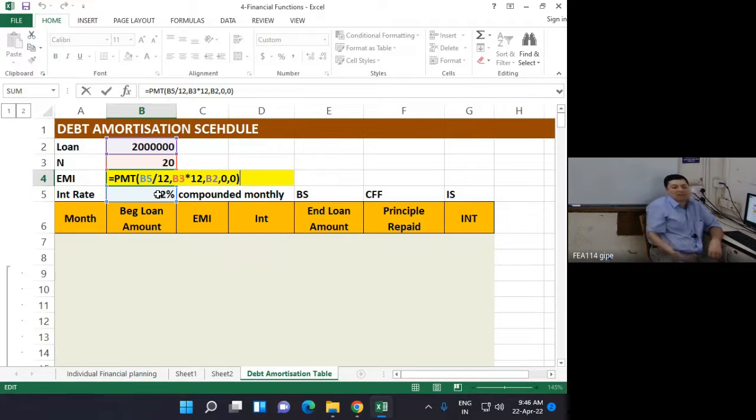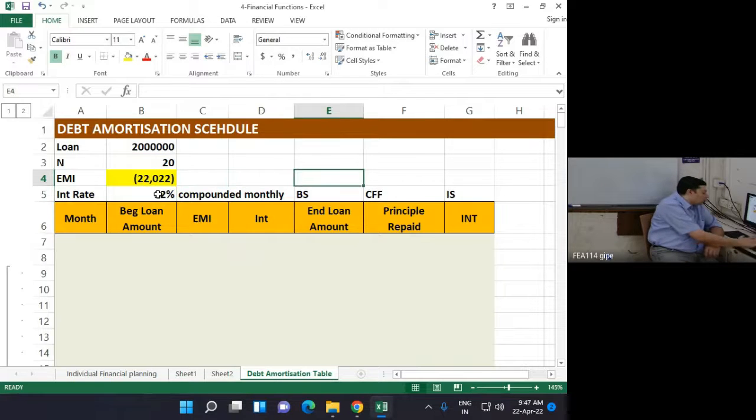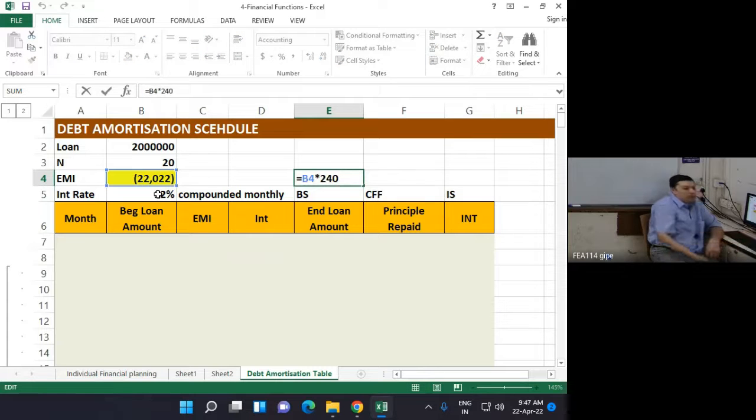Now, how many months are we going to pay this installment? कितने महीने के लिए हम ये installment भरेंगे? 20 into 12, 240 months. So the total money that we are going to pay to the bank is going to be 52 lakhs, correct? At 22,000 into 240 installments.